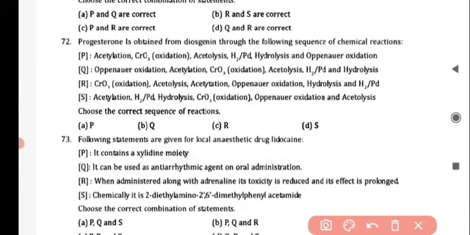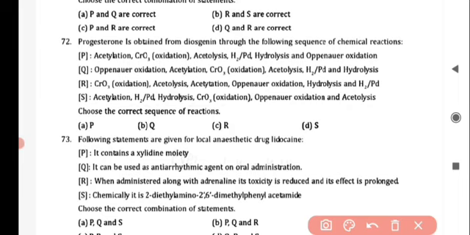Next question is, progesterone is obtained from diosgenin through the following sequence of chemical reactions. P is acetylation, CrO3 oxidation, acetolysis, H2-Pd, hydrolysis and Oppenauer oxidation. Q is Oppenauer oxidation, acetylation, CrO3 oxidation, acetolysis, H2-Pd and hydrolysis.